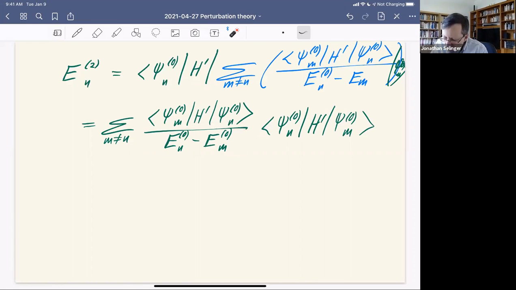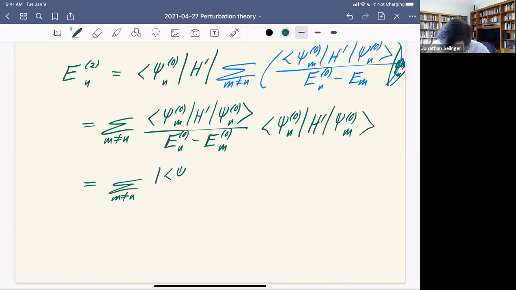So this and this are complex conjugates of each other, and the product is the magnitude squared. So this is a sum, m not equal to n, of the magnitude squared up here.